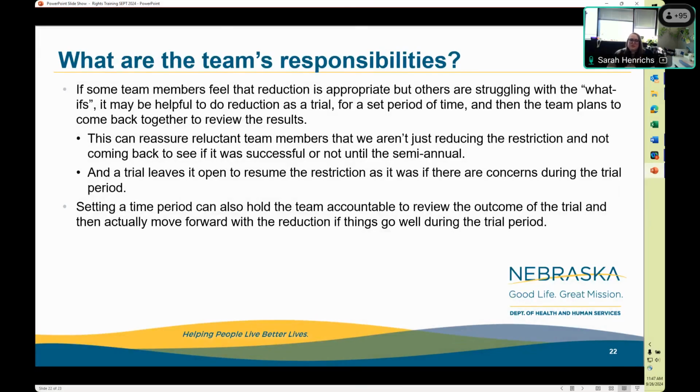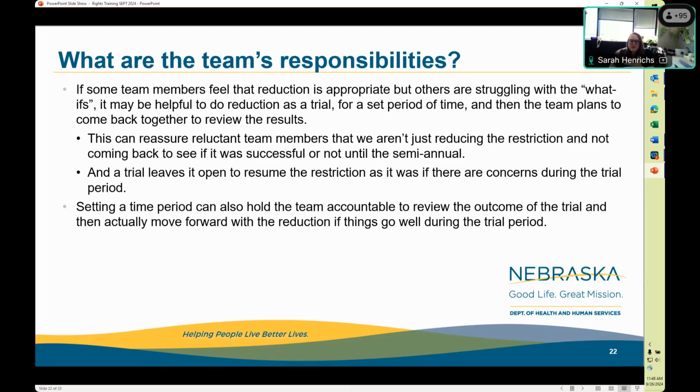If some team members feel that reduction is appropriate, but others are struggling with the what ifs, it might be helpful to do reduction as a trial under very limited circumstances for a very small period of time, without making the formal decision to reduce a restriction and take it out of the plan entirely. You set it for a time limit, you set it for specific circumstances, and you say, if there's one sign of a concern, then we'll drop the trial and the restriction will continue.